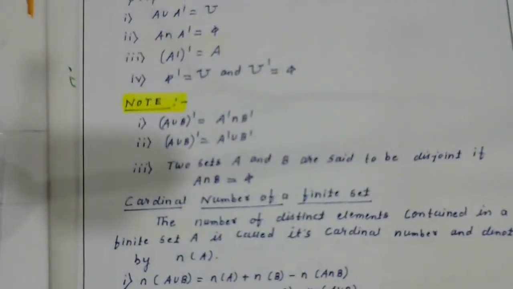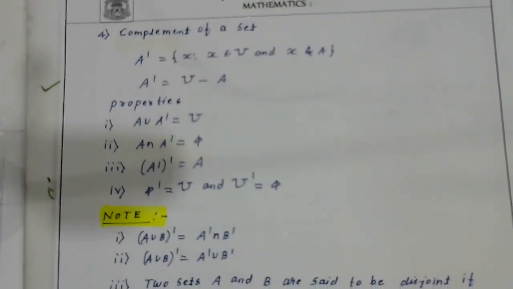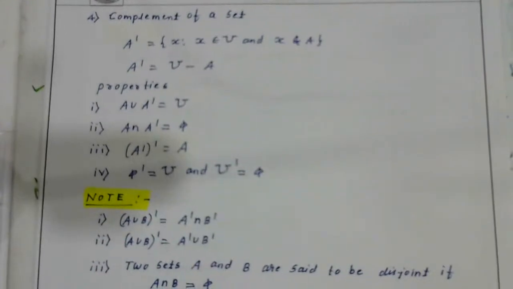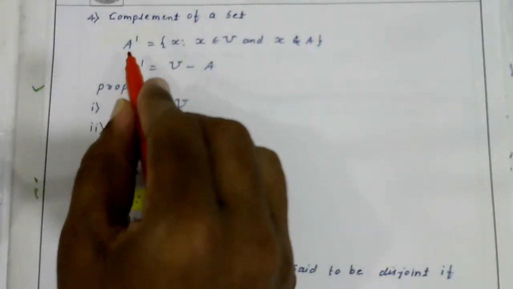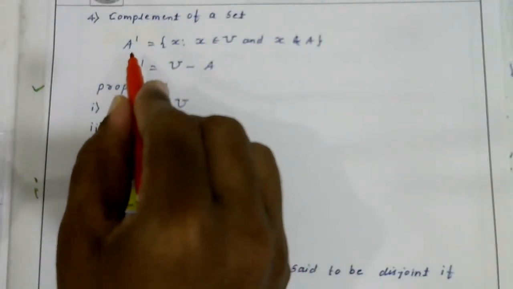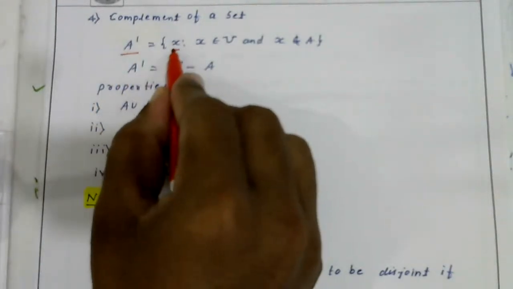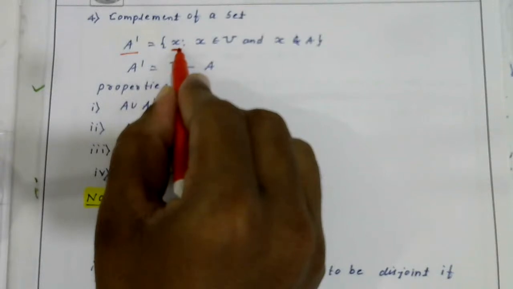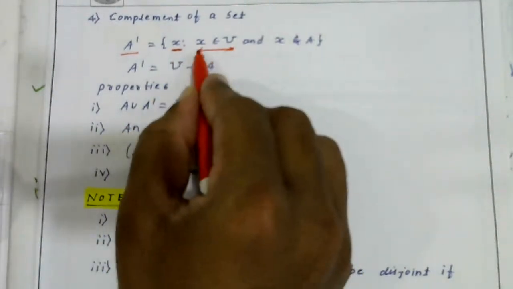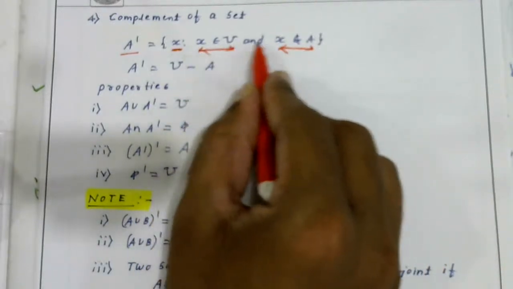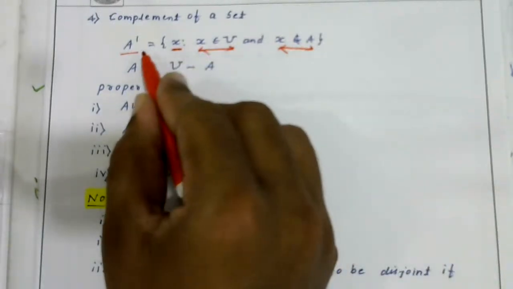The last operation is the complement of a set. How can we perform the complement operation for a set? Suppose A is a set. Then the complement of set A is denoted by A dash. It is a set consisting of elements X, where X belongs to U and X does not belong to A. That is, elements of U but not elements of A, meaning apart from A elements.